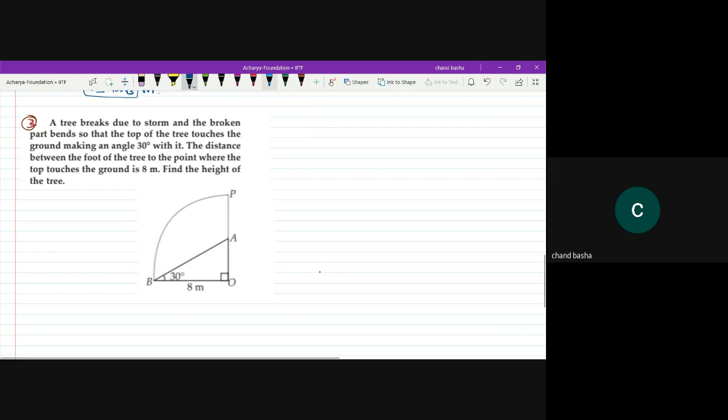AP is equal to AB. Am I correct? AP is equal to AB, because the part which is broken will be the same thing, and reaches the ground at the point B. See here, the broken part reaches the ground.